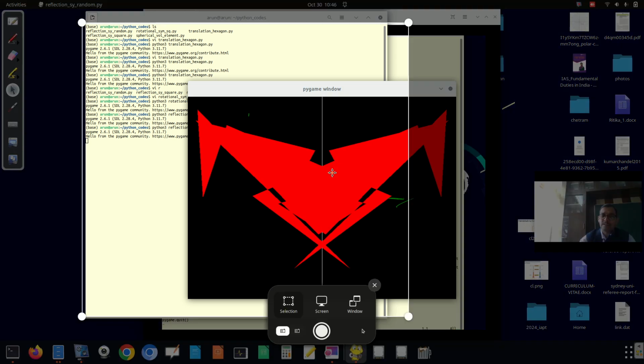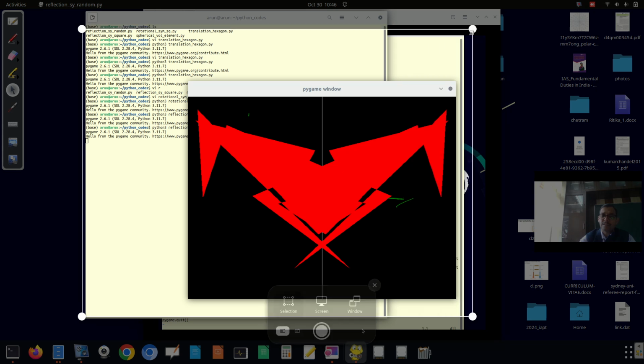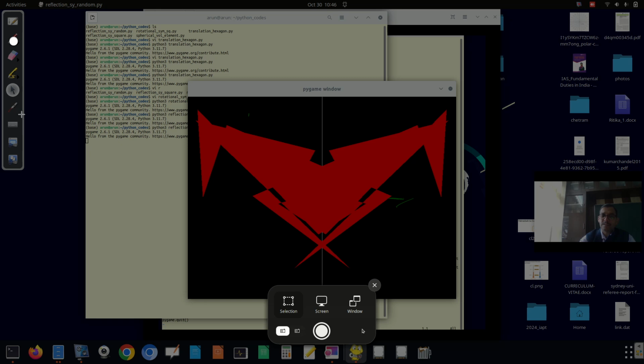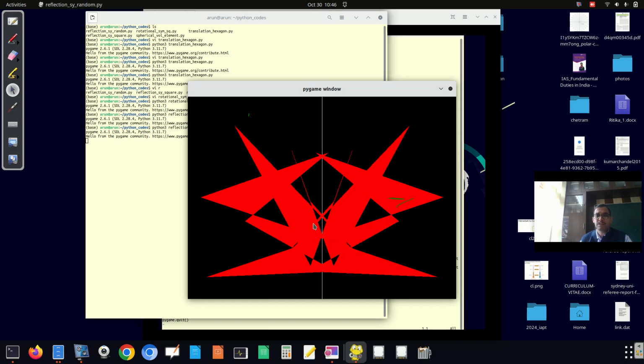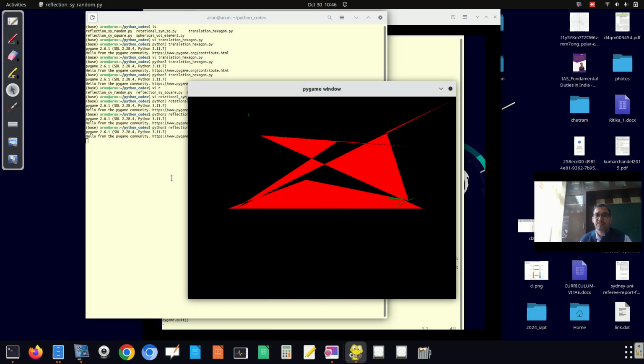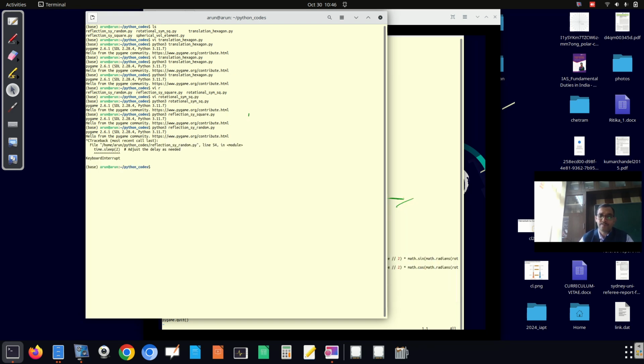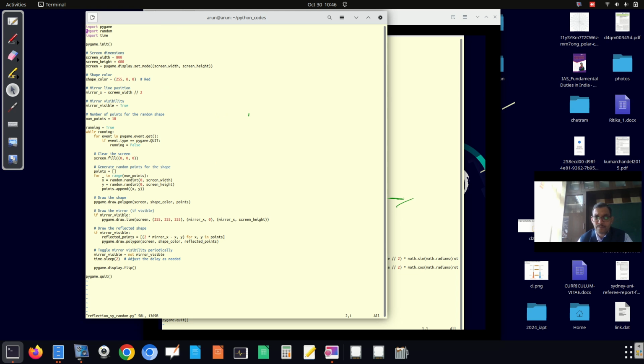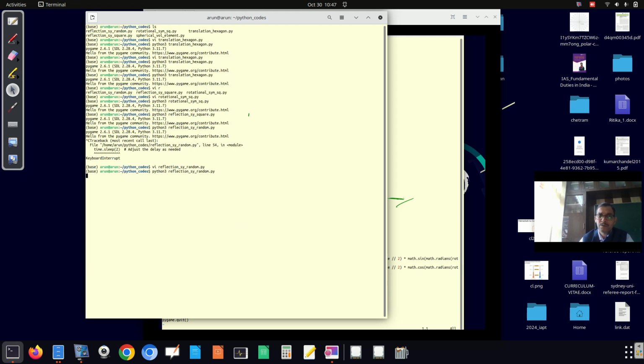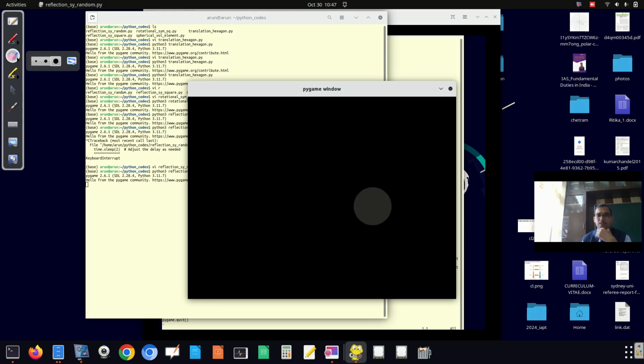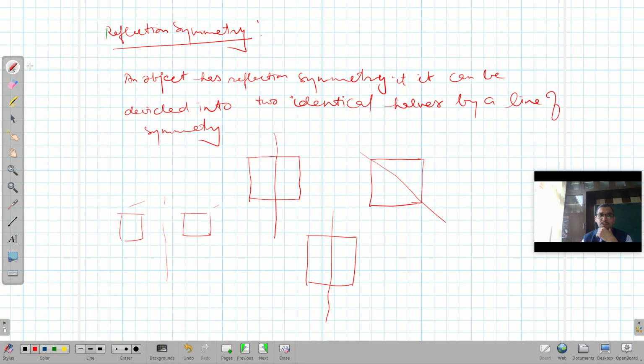When I look at this particular diagram, these two halves are identical. Let me make it a little bit slower.